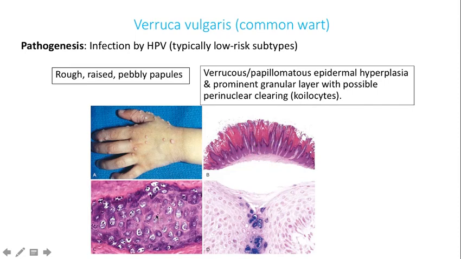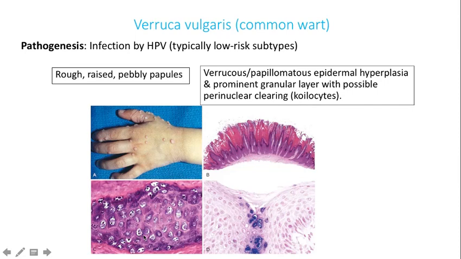Here is a higher power view. If you look at the granular layer of a wart, it's often very hypergranular, and we get these clumpy keratohyalin granules. You can get some vacuoles developing around the nucleus. Okay, so the nucleus can either be dark and enlarged, or it can be small and crinkled, and you get a vacuole around it.